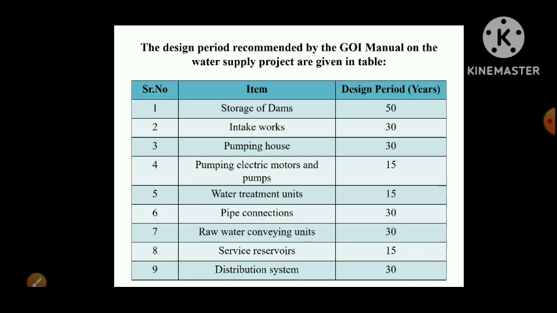So as per the Government of India manual on the water supply scheme or the water supply project, they have recommended the following design periods. Okay, so you can see the storage of dams 50 years, intake works 30 years, then comes the pumping house 30 years, pumping electric motors and the pumps 15 years, water treatment units 15 years, pipe connection 30 years, raw water conveying units 30 years, service reservoir 15 years, and the distribution system 30 years.